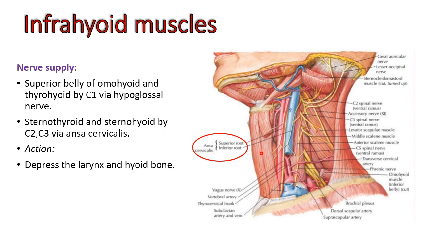Second, these muscles stabilize the hyoid bone. When they contract, the hyoid bone is fixed. Only when the hyoid bone is fixed can the digastric muscles contract and pull the mandible, to depress the mandible.